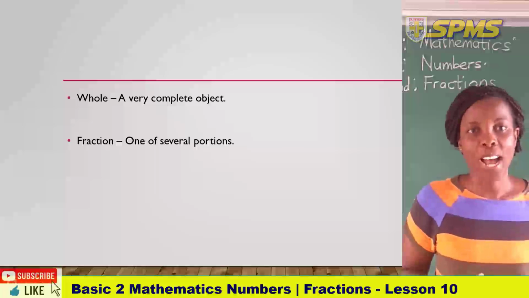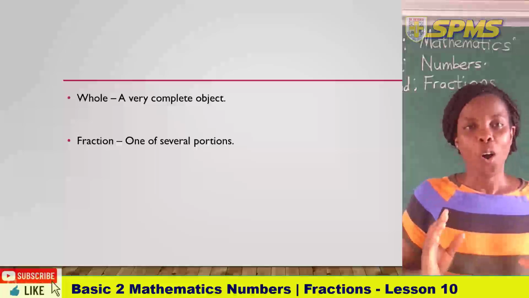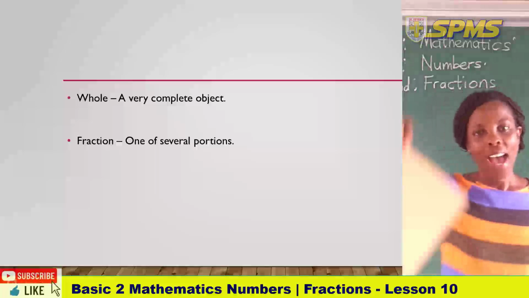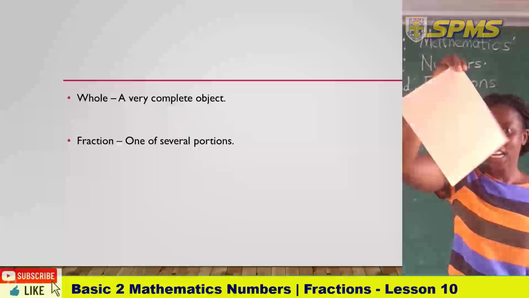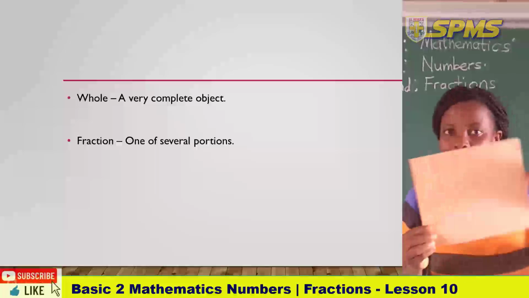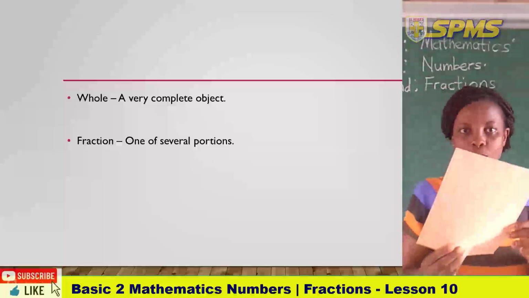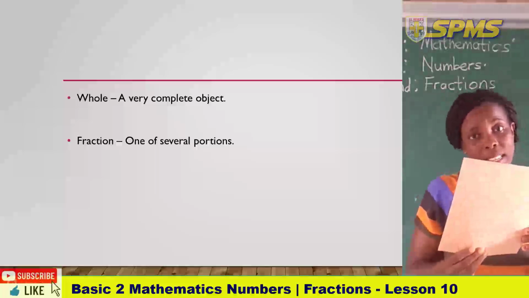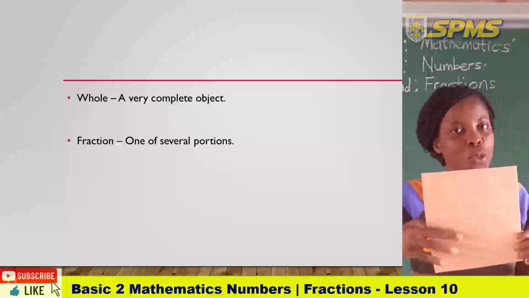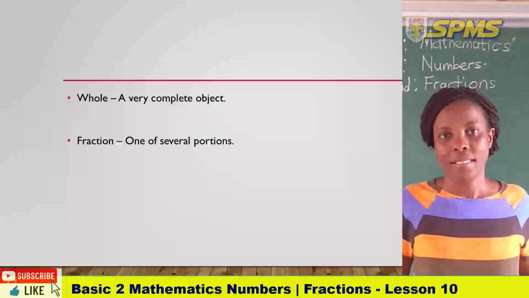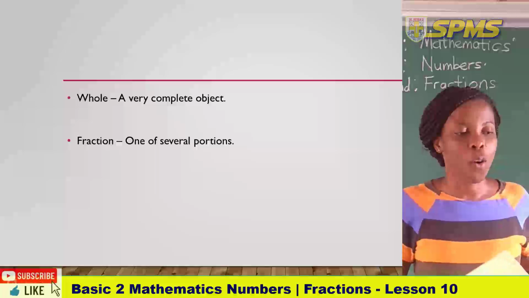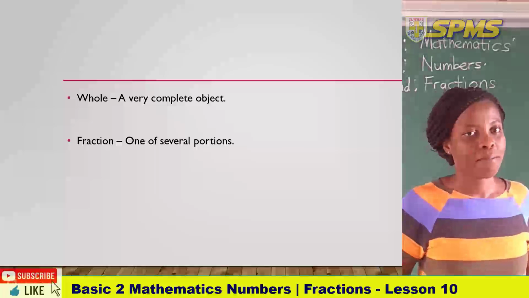That object is known as a whole object. Let's say, for example, I have an object in my hand. This object is whole. That means we have not divided or cut it into any piece. It's whole like this. So it is a complete object.